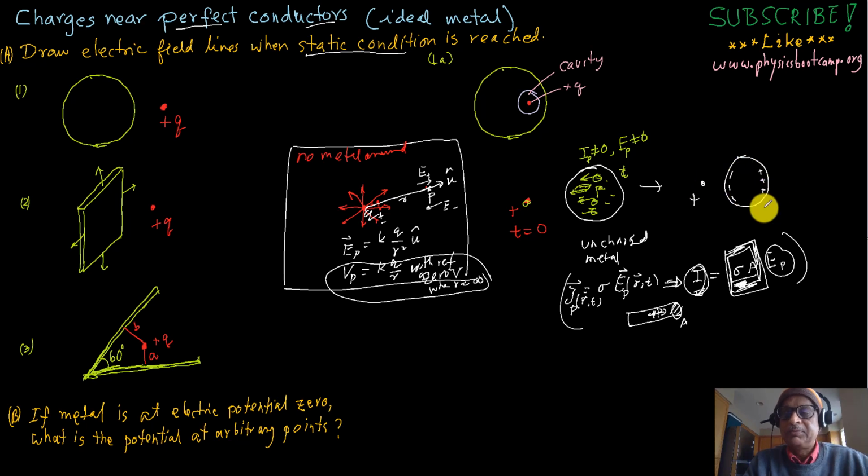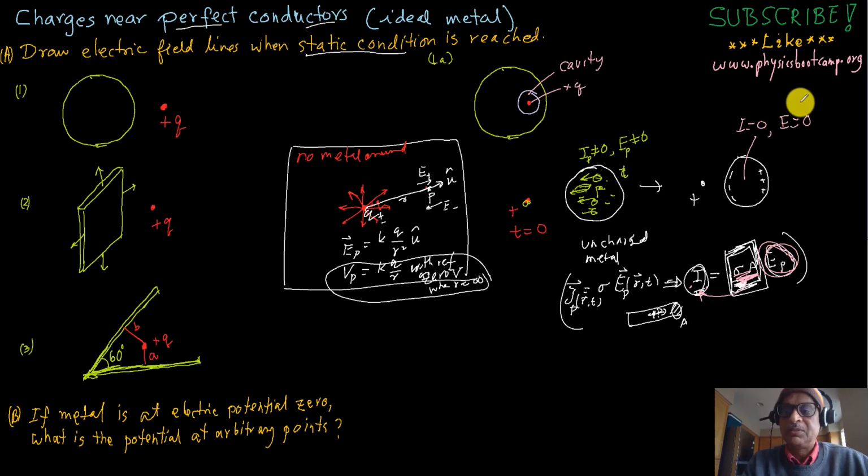And you can see that inside here, the current becomes 0. Then no matter what sigma is, if sigma is finite, then since the current is 0, the electric field has to be 0.